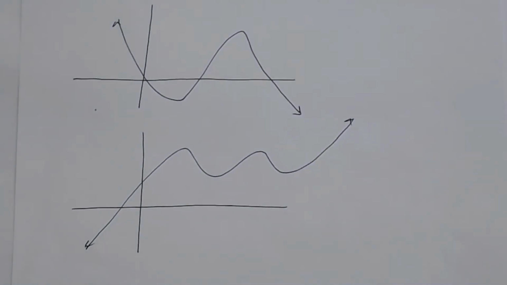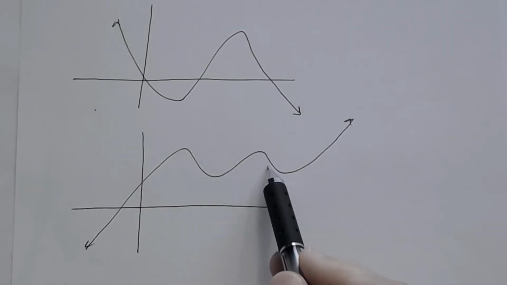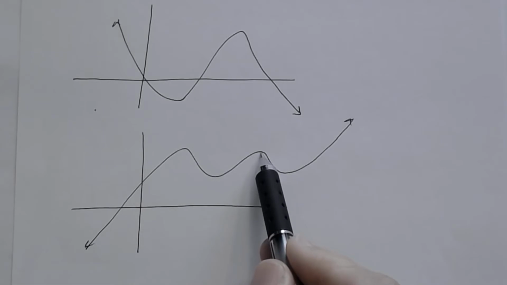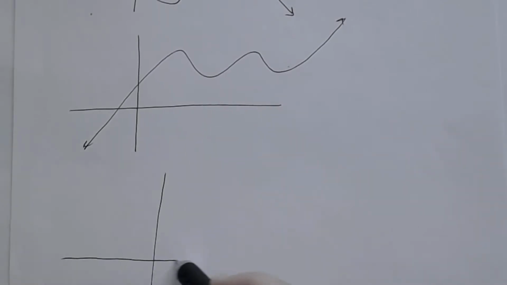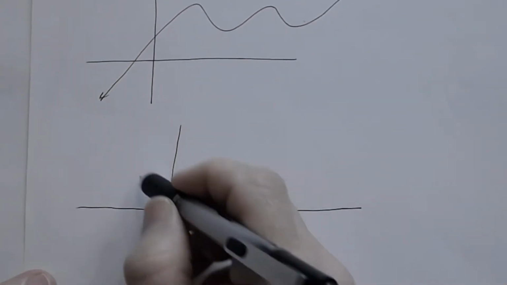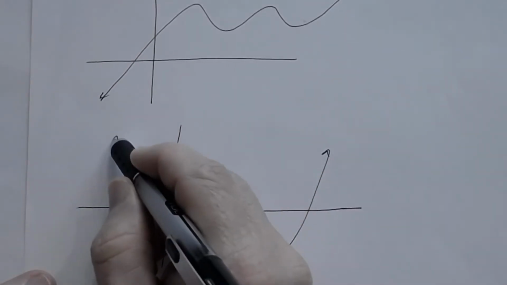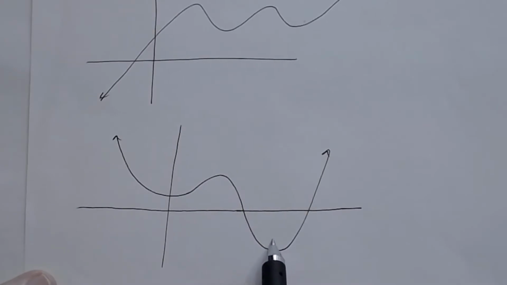Notice it's smooth and continuous. Notice that the turns are smooth. And again, we could have something that looks like this. Notice the turns are smooth, and the graph is continuous.